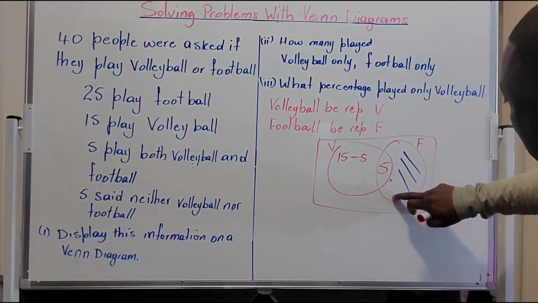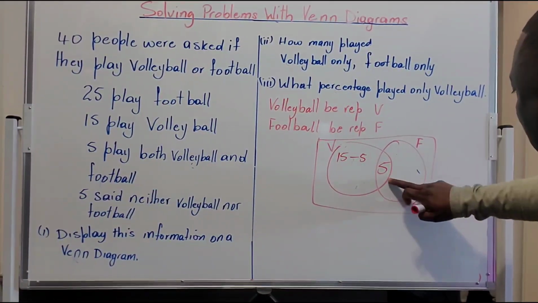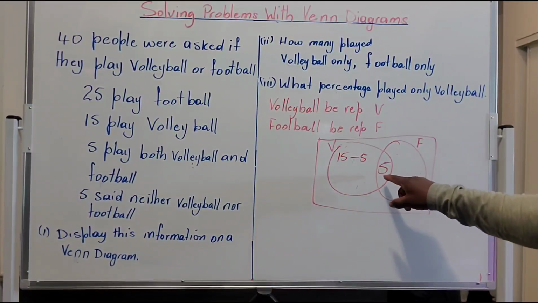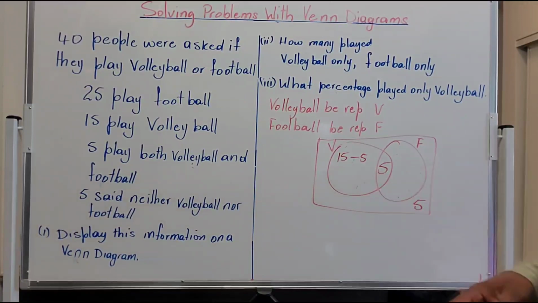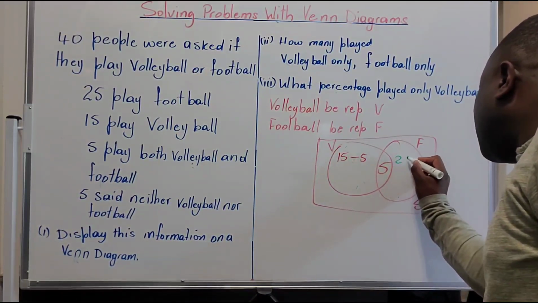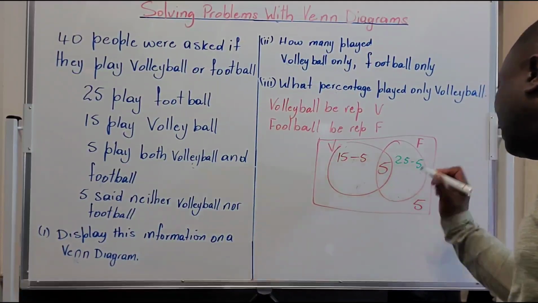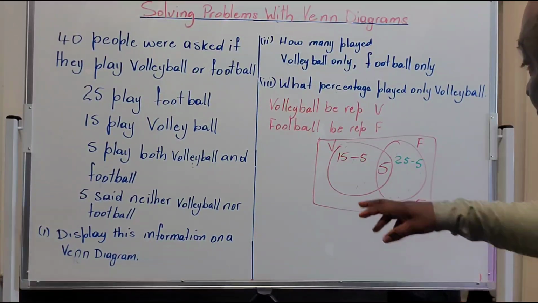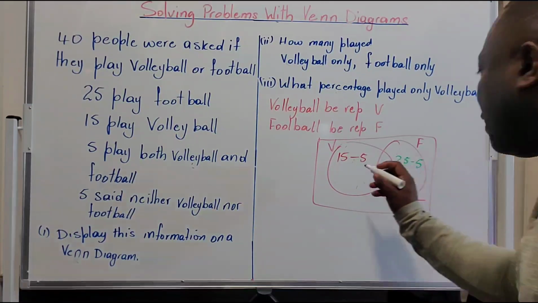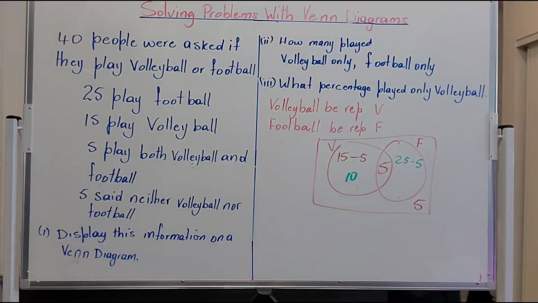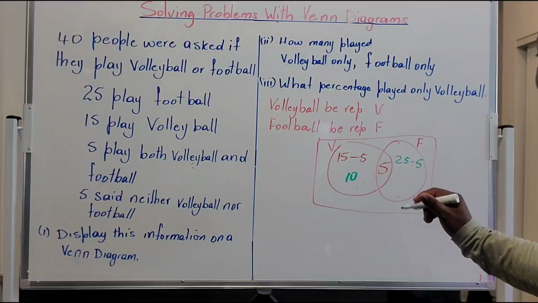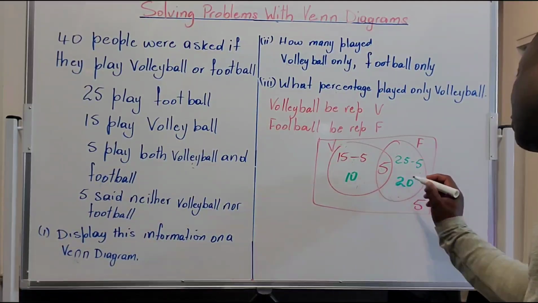Likewise, it's telling us that 25 are playing football. Of that 25, we have already accounted for 5. Therefore, football only will be 25 take 5. So in a true sense, guys, 15 take 5, we are left with 10. 25 take 5, we are left with 20.